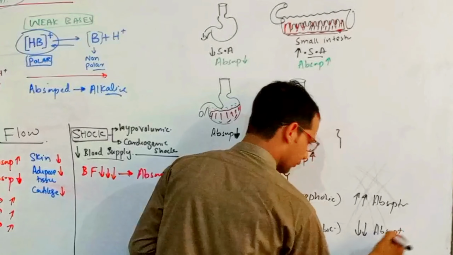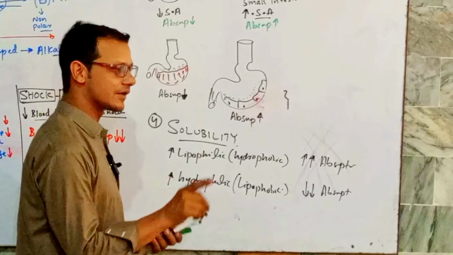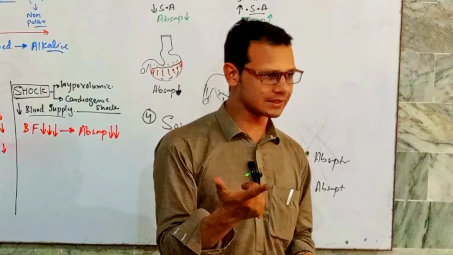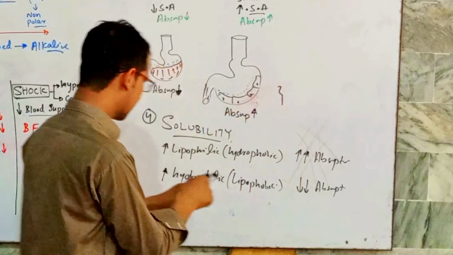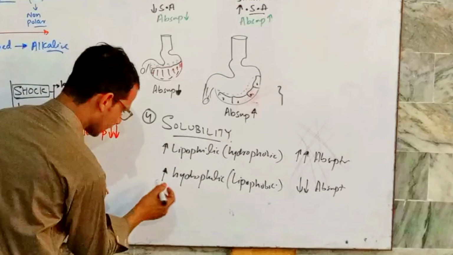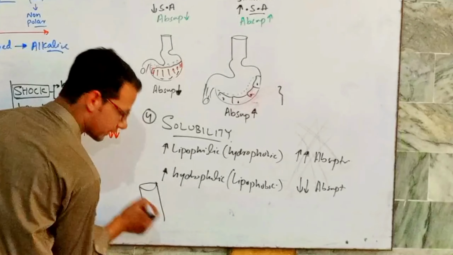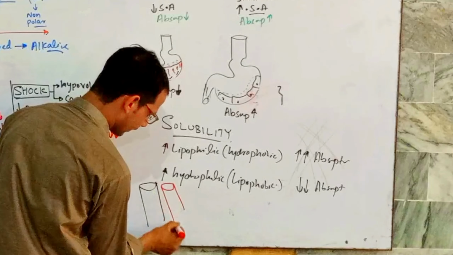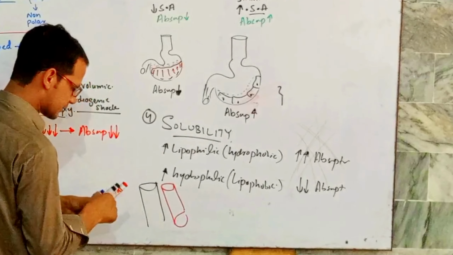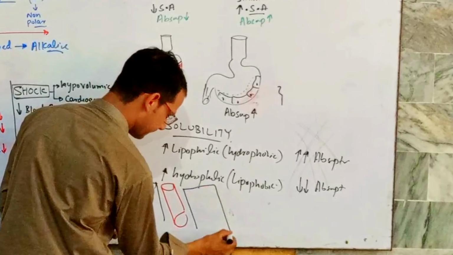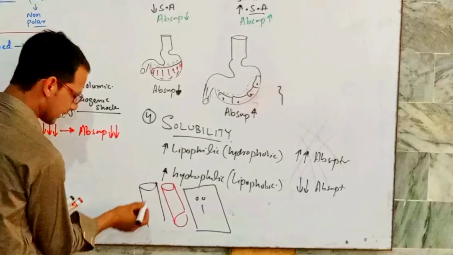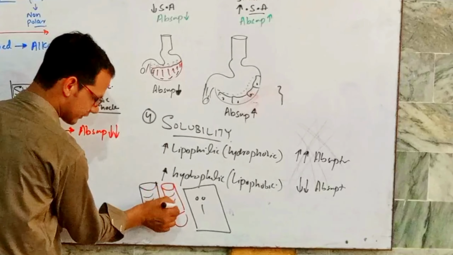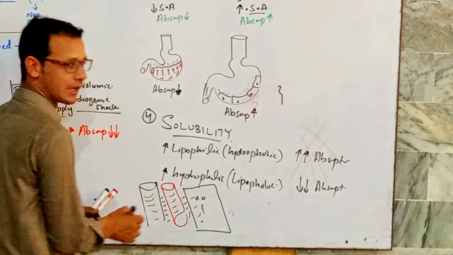But one point is very important: when the drug is extremely lipid soluble, it cannot absorb readily, because, for example, this is one compartment of the body, this is the blood compartment of the body, and this is the body tissue. Here it is water, and water.